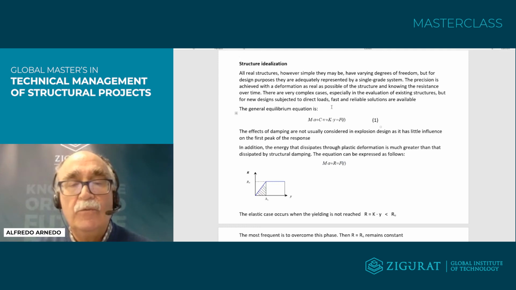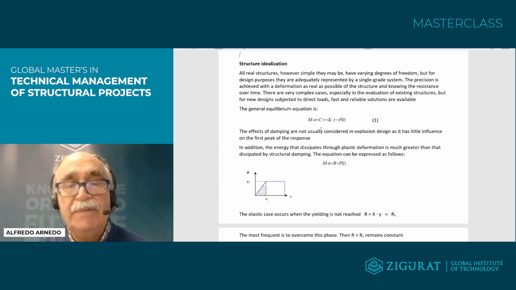But when we deal with an explosion, which is mainly a horizontal force in the case of a facade, in the case of a normal and ordinary building, the general equilibrium is this equation that appears as number one.